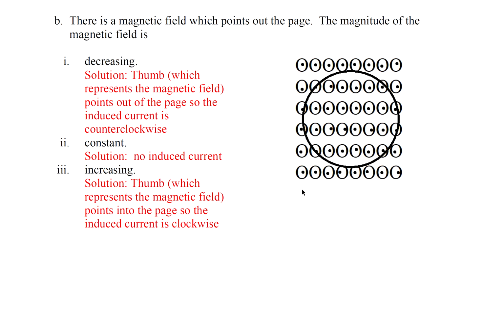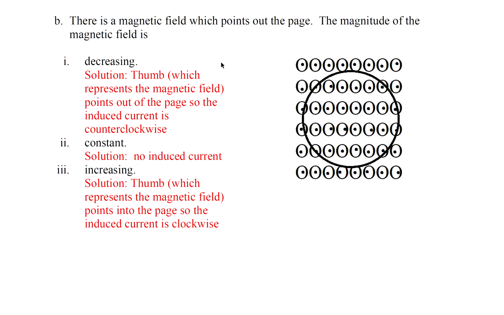Part B, there is a magnetic field which points out of the page. All of these dots with the circle around them are lines that go out of the page, so the arrow points out. If the magnitude of the magnetic field is decreasing, we're going to have fewer lines going out of the page.